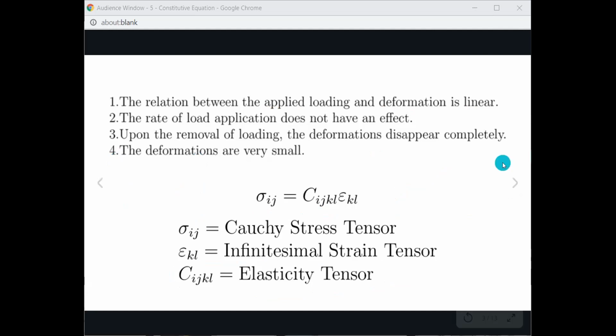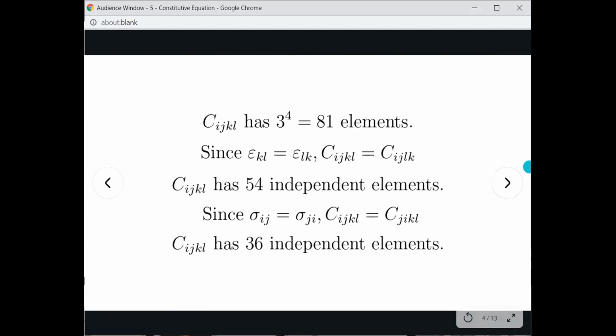Let's move on to the next. So as you can imagine, if we have a 3D case, then CIJKL has 4 indices, it has 81 elements. Okay, tama? 3 to the 4, 81 elements. Since, ayan, ano itong ibig sabihin nito? Epsilon KL is equal to epsilon LK.